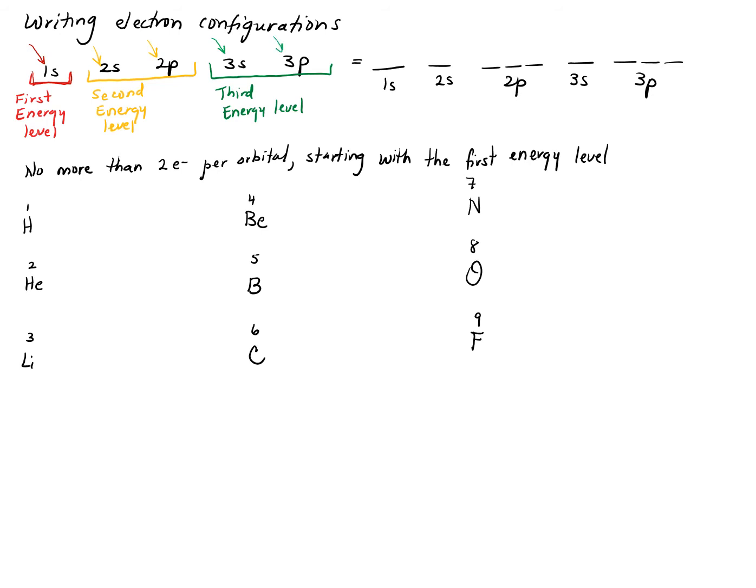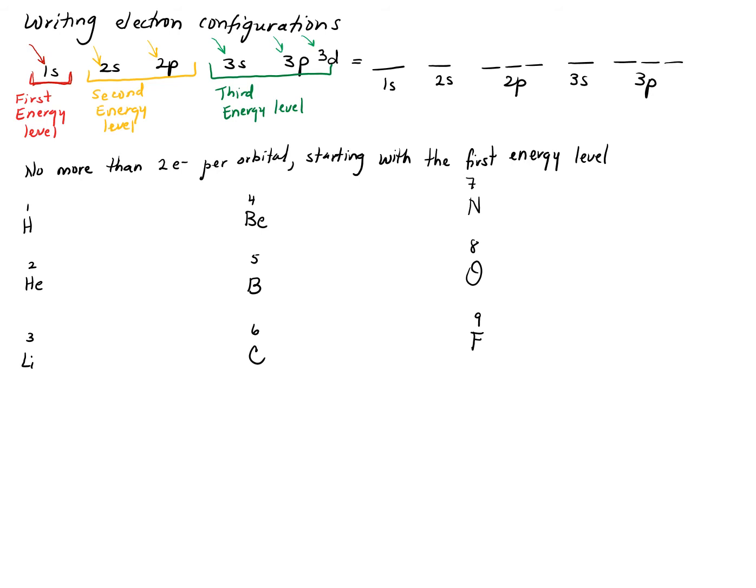I'm missing something here because on the third energy level, we have s, p, and we also have d orbitals. So on the third energy level, we have three different types of orbitals: the s, the p, and the d.